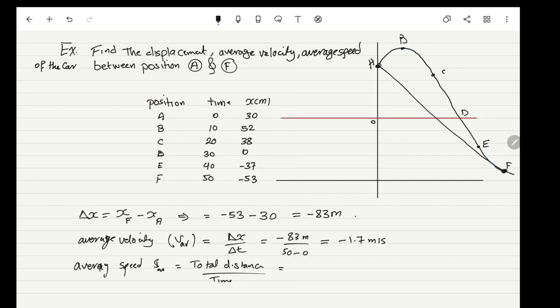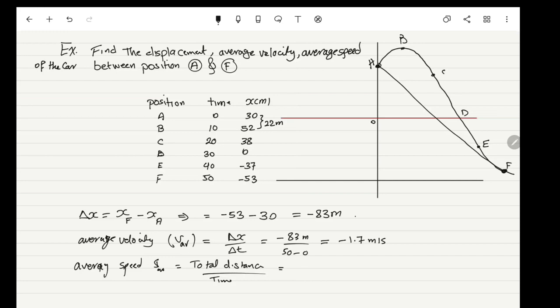We need to look at the table and calculate the total distance. Remember, A is at position 30, which means it does not start from 0. So in order to calculate the distance, we need to calculate the distance moved from position A to position B. In this case, the distance equals 22 meters.